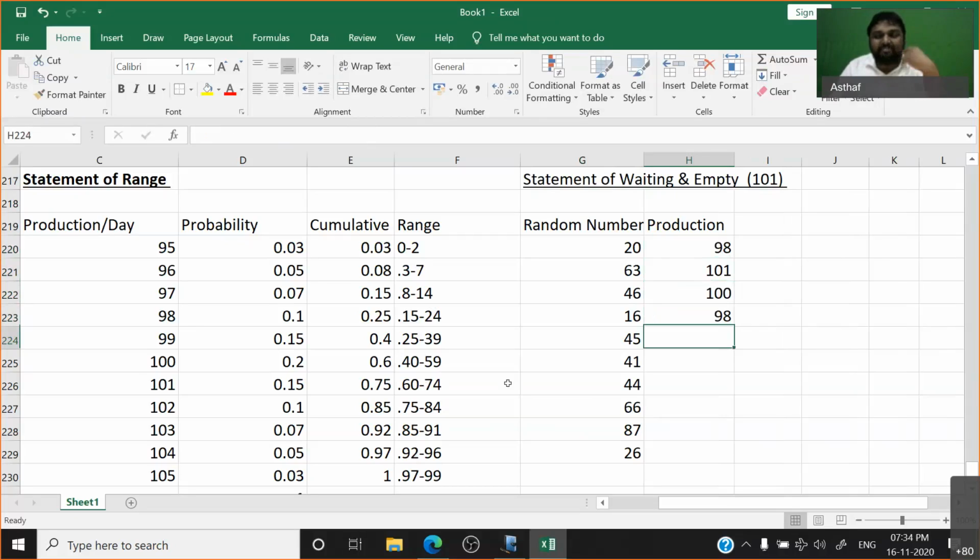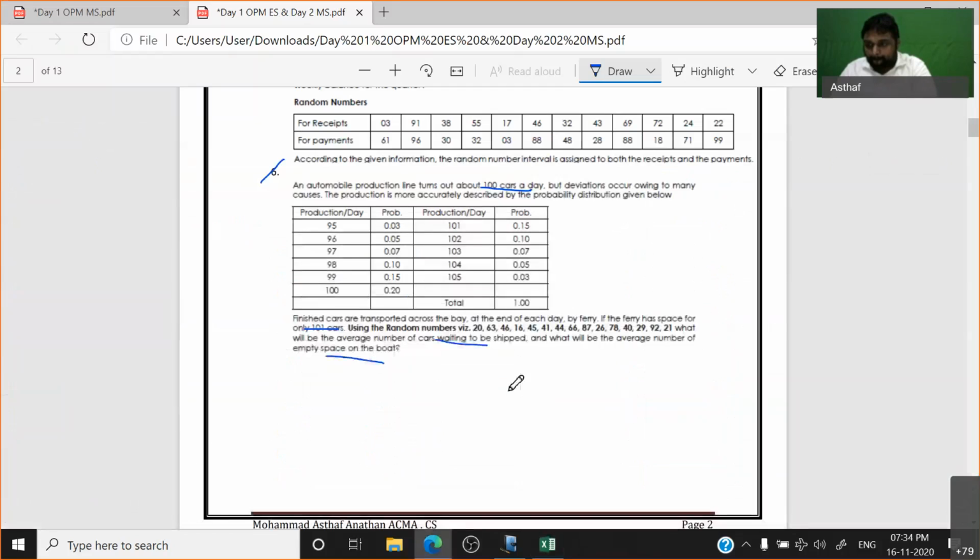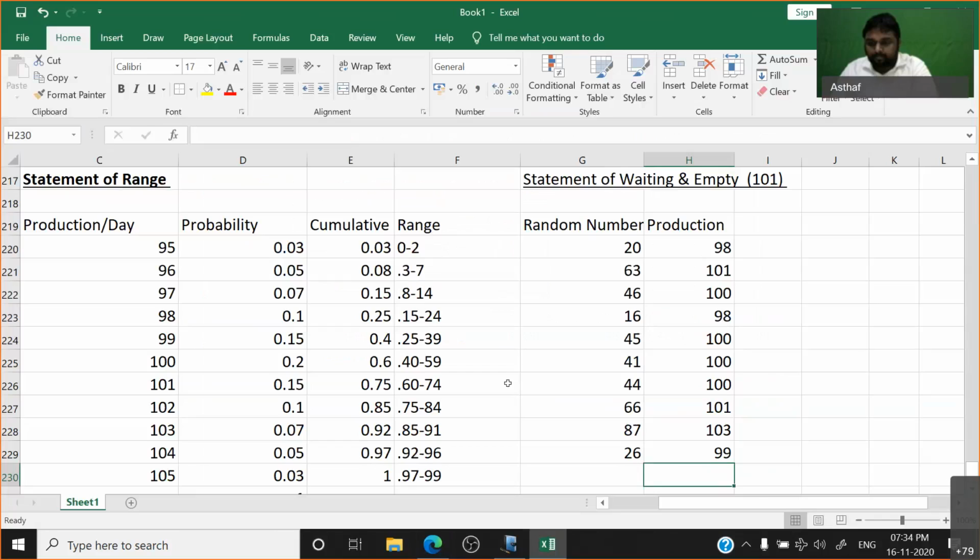So we have to keep on taking the production. 45 now, 100. 41 also 100, 44 also. 66 is what? 101. 87 is what? 103. 26 is what? 99. 80 is what? 102.